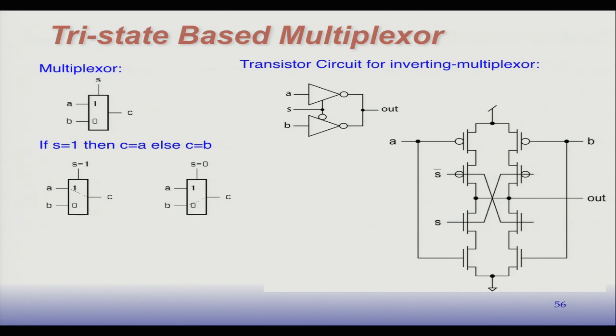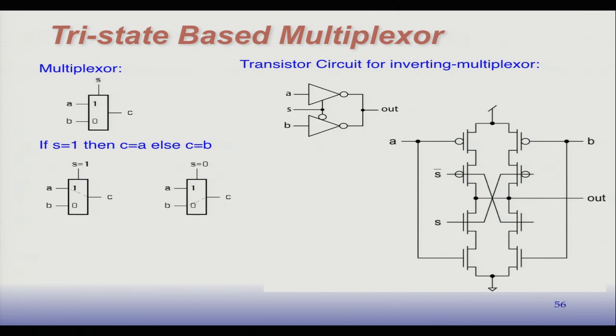Now, tri-states make very nice multiplexers also. In a similar way to how we made multiplexers out of transmission gates, we can make multiplexers out of these tri-state buffers. Okay. Here again is kind of a schematic view of what the multiplexer does.